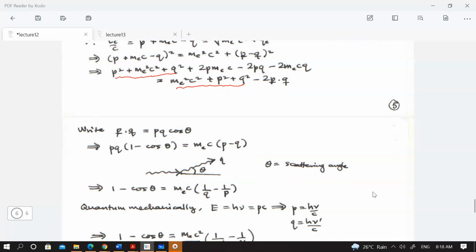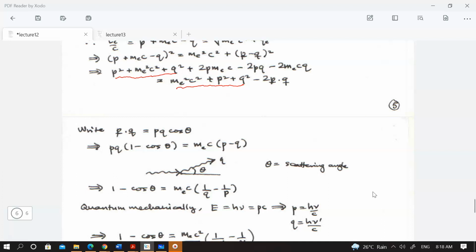Okay, so P dot Q, when written in terms of the magnitudes, will be just PQ cos theta, where theta is essentially the angle between the momenta of, sorry, it's not the momenta of the electron.